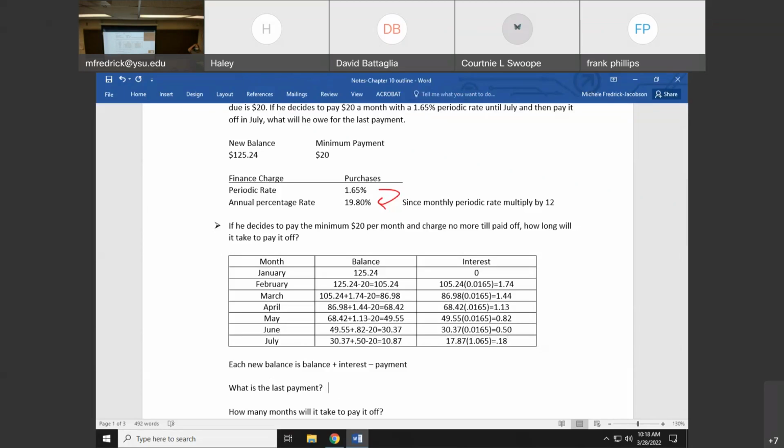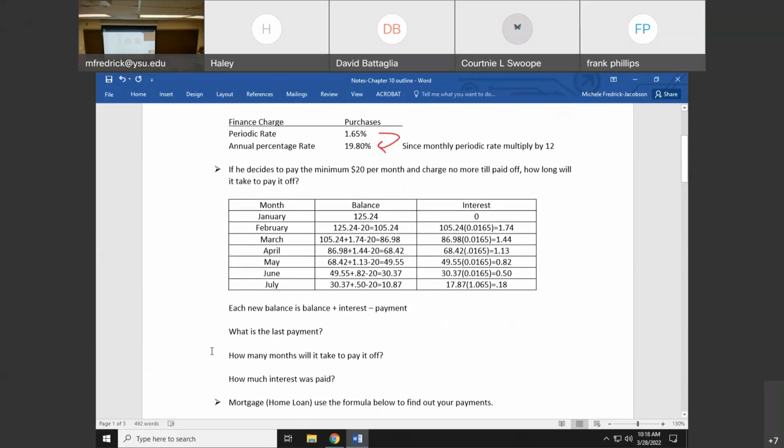Any questions on the table? I wrote a formula here for new balance. It's the balance plus the interest minus the payment. So the last payment, if he wants to pay off the credit card, would be what?